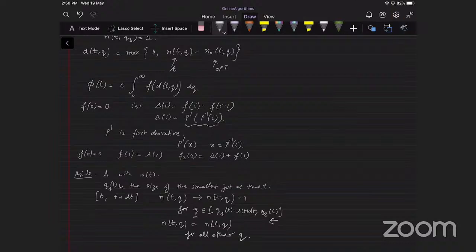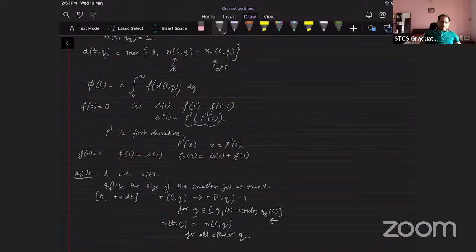So f is an increasing function. If f of i minus f of i minus 1 is defined to be delta of i, you can use that. So in terms of delta i, can you write the difference in phi between time t and time t plus dt?